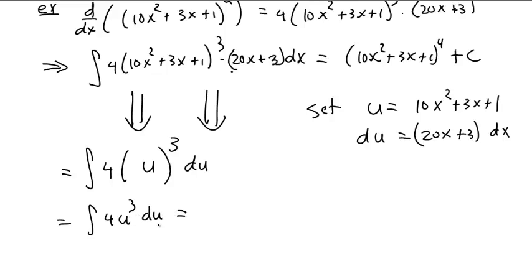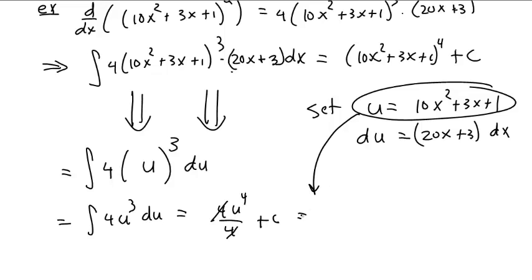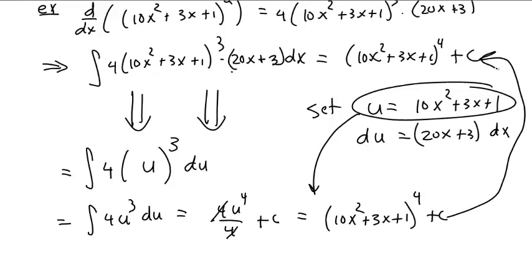That is a u, that is the variable. Hey, this works. This becomes 4u⁴ over 4 plus c. The 4's go away, and now you can substitute back. If u is this, then what we have is (10x² + 3x + 1)⁴ plus c, which was what we already knew the answer to be.